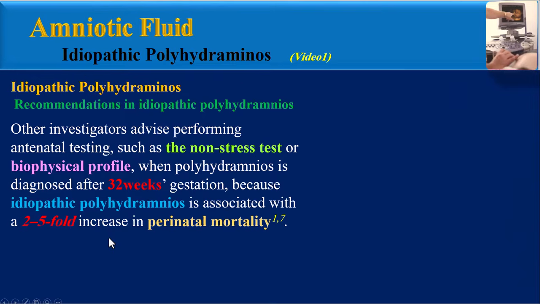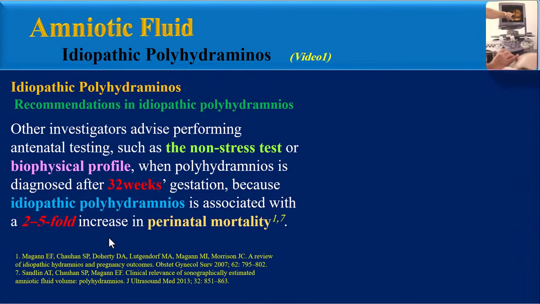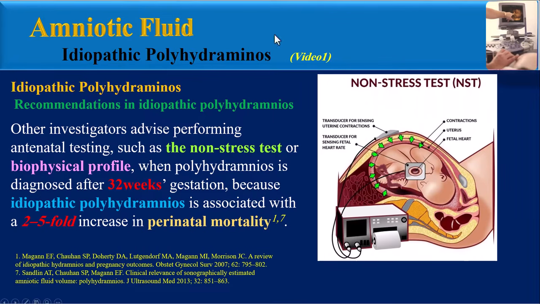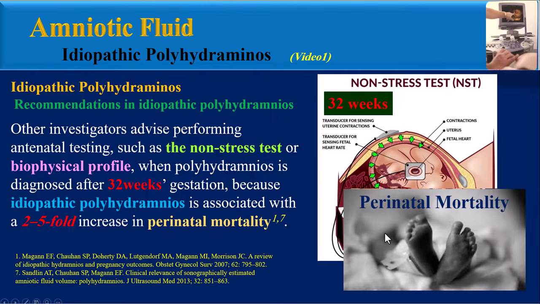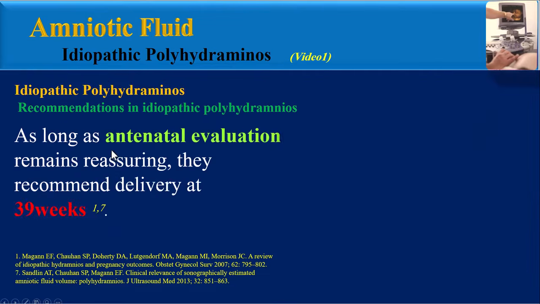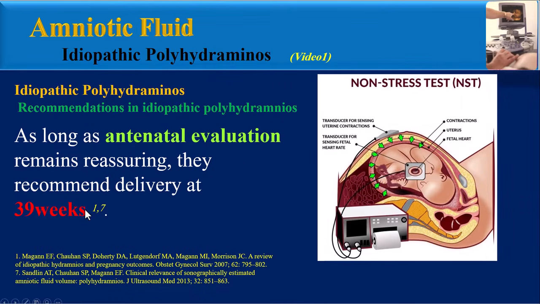Other investigators advise performing antenatal testing such as the non-stress test or biophysical profile when polyhydramnios is diagnosed after 32 weeks gestation, because idiopathic polyhydramnios is associated with a 2 to 5-fold increase in perinatal mortality. As long as antenatal evaluation remains reassuring, they recommend delivery at 39 weeks.